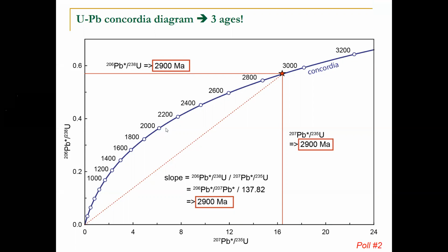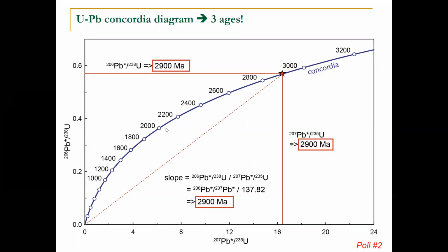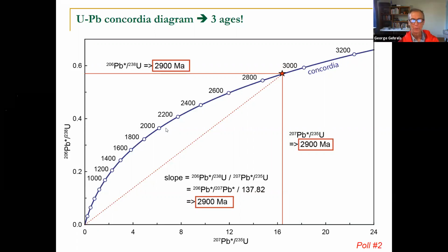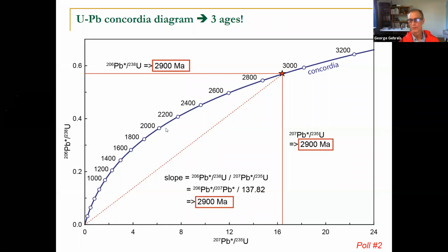Pardon, excuse me, do we select the one that we're not going to use? Yeah, I know the question is a little different from the title of this. So let's just answer the specific question. Which 2 ages are used to determine position on Concordia? It will only let me select one, so. Okay. Well, I'm sorry, I had the poll not quite set up right. This is the question I wanted to ask here. Which one is not used? So let's change this. If you haven't done it yet, which one is the one you're not going to use?